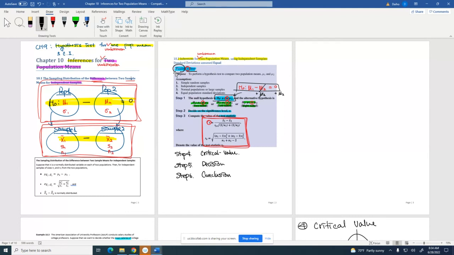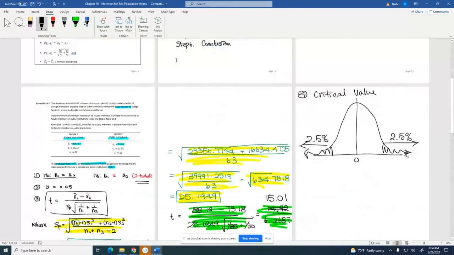Any idea? How can I take care of them to get the degree of freedom in the pooled t-test? Oh, good idea. No, don't take the average. Simply just add it. Sorry, average is a good idea, but take just the sum, right?